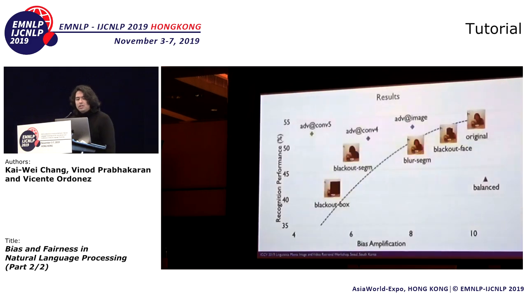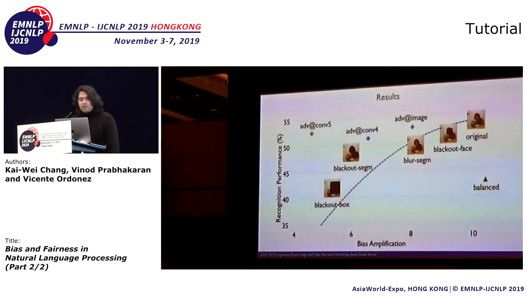So here are some of the quantitative results we had. In the x-axis, you can see the bias amplification. And in the y-axis, you can see the accuracy of the model in predicting these actions, for instance, or the objects.